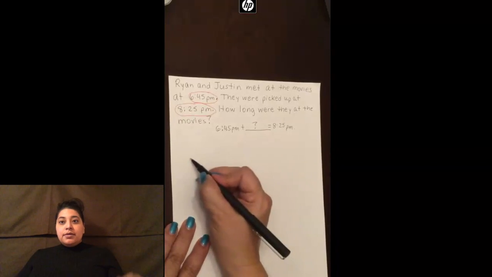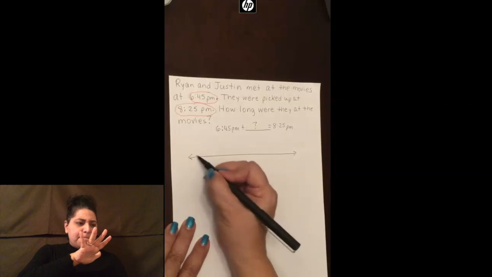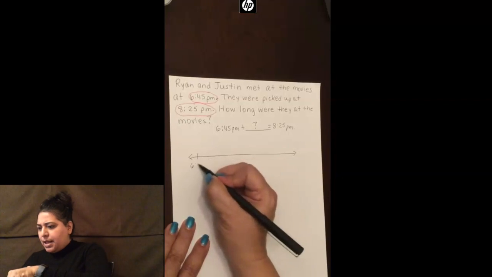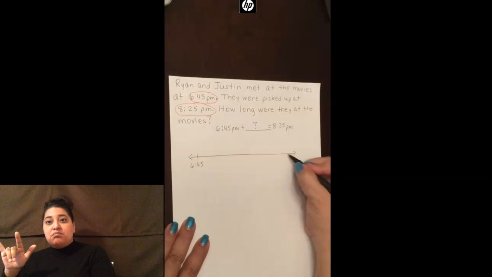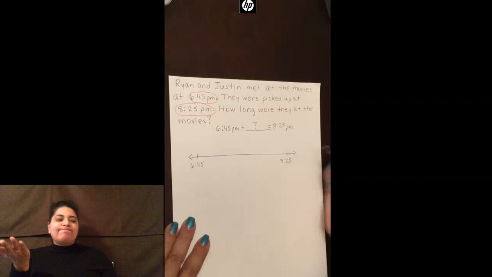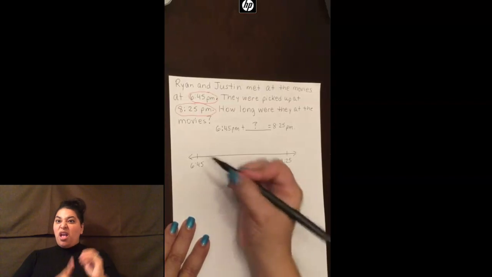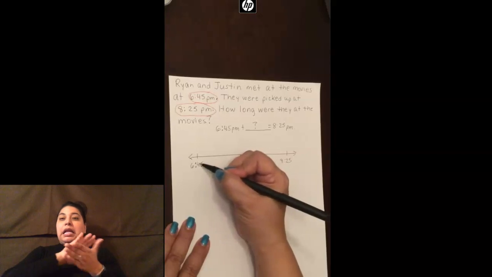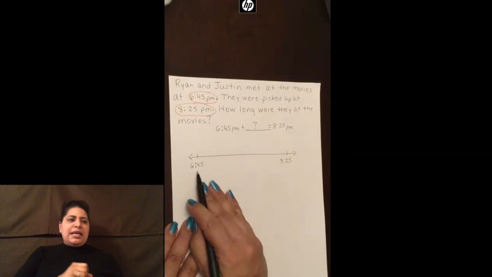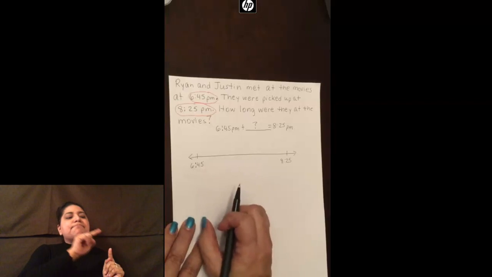Okay, let's get our number line set up. Start time at 6:45 and our end time at 8:25. Now this time I'm looking at the 6:45 and I'm thinking, another quarter hour would give me a nice round time.